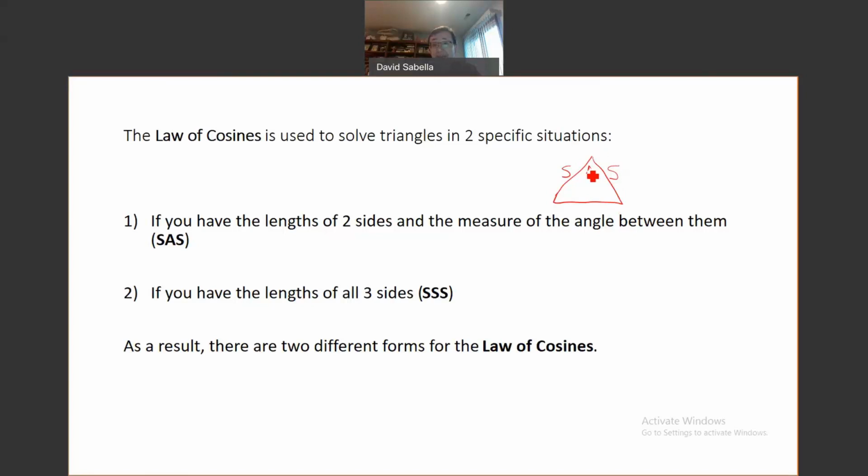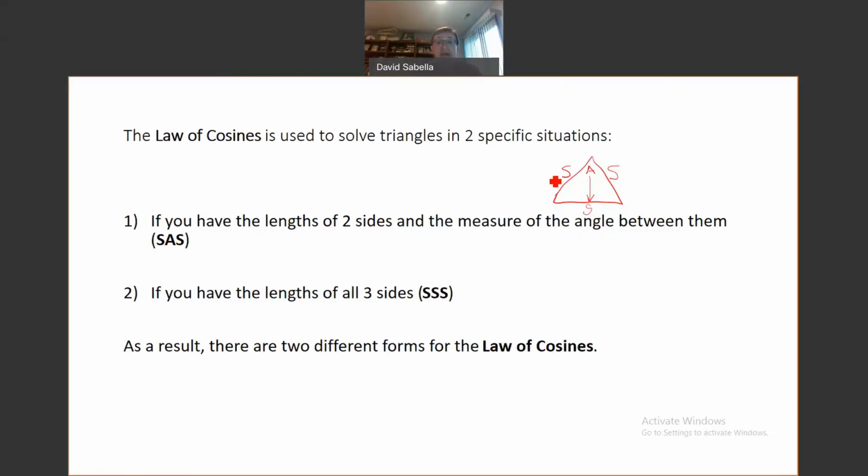We can't get that with this. So what we're going to do is use the law of cosines to first find the side opposite, that's this guy right here, and then we'll be able to find the other two angles using either the law of sines or the law of cosines.